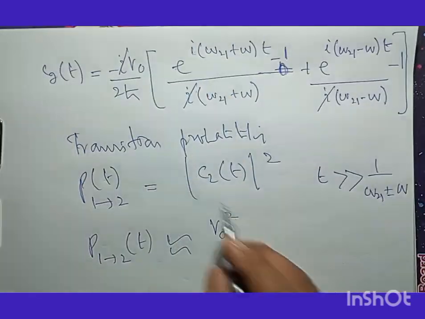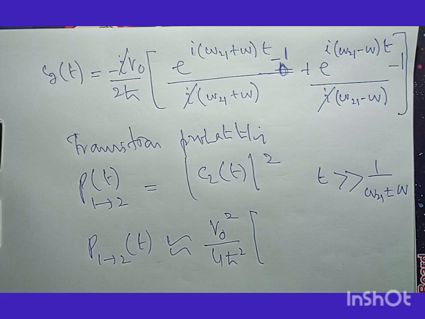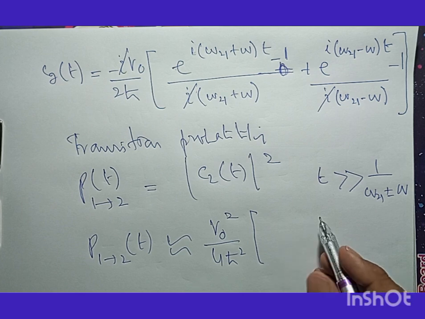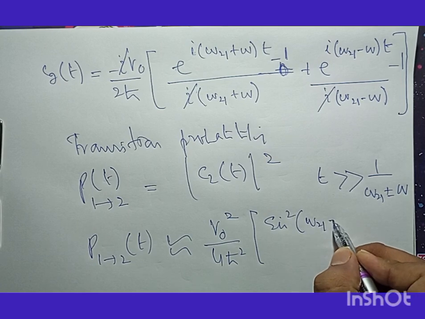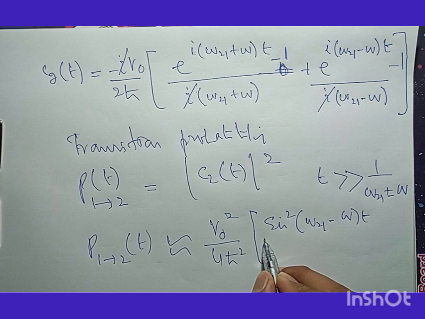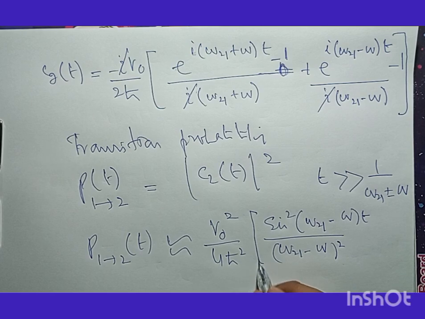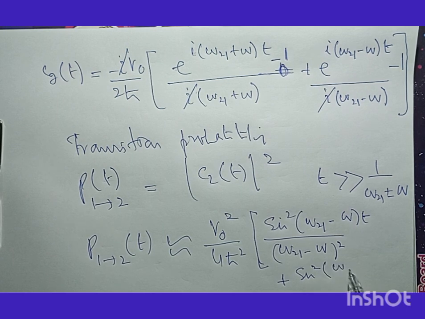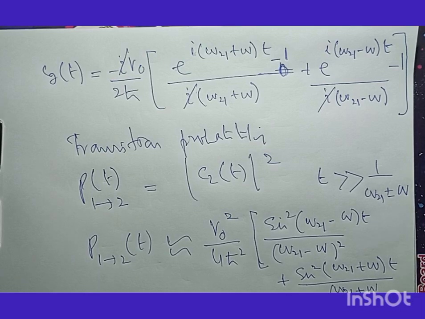Then you have the exponential function, and you can write it in terms of sines: sine square of (omega21 minus omega) times t divided by (omega21 minus omega) whole square, this will be term number 1, plus sine square of (omega21 plus omega) times t divided by (omega21 plus omega) whole square.